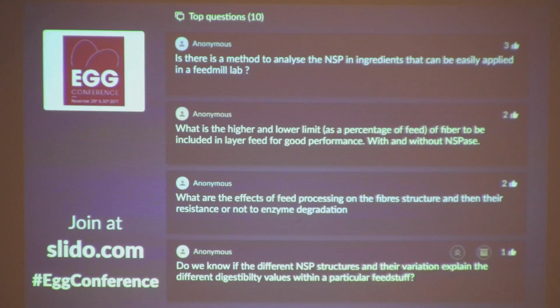Whereas I don't think, when you take the entire gastrointestinal tract, that there is that much, because what I've seen in most of the data I've been analyzing is that what really matters, for instance for arabinoxylans, is the arabinose to xylose ratio. And the higher it is, the more difficult it is to be degraded.